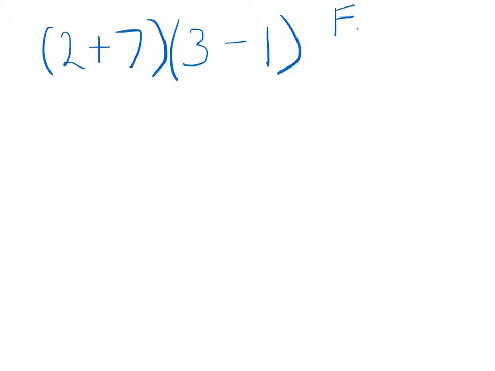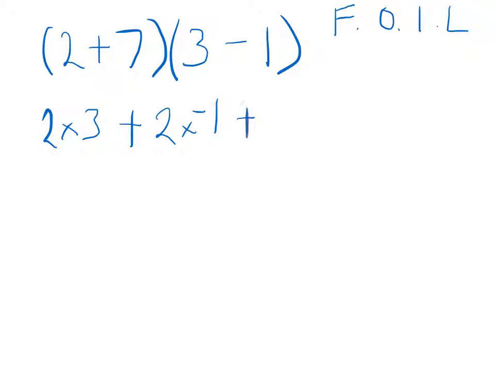If we've got 2 plus 7 in the first bracket, and 3 minus 1 in the second bracket, and we expand this out, remembering our FOIL, the first ones give 2 times 3, plus the outer ones, 2 times negative 1, then the inside ones give 7 times 3, and the last ones give 7 times negative 1.